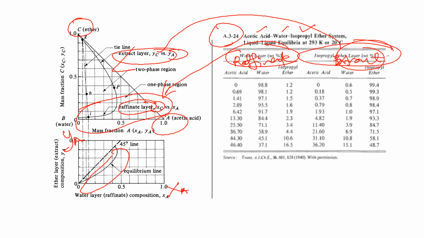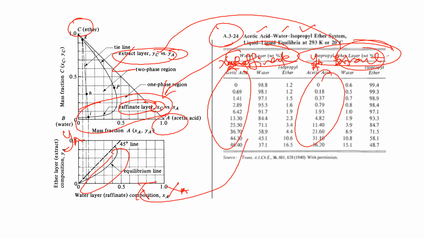Remember that the extract is represented by Y, and A is acetic acid. Therefore, the extract here is YA and this is XA. You take these two data to plot on the equilibrium line, and this is just a 45-degree line to use later on for drawing the location of G and I.